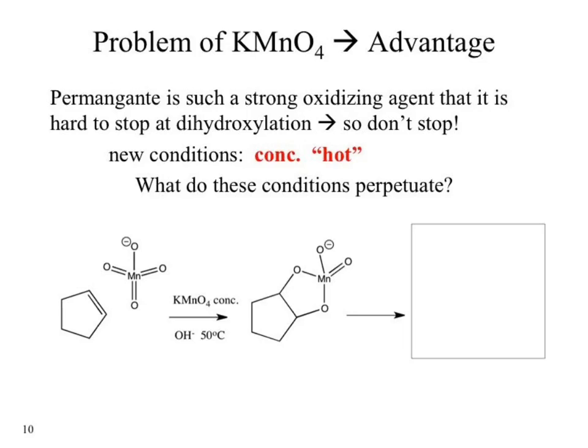We need to somehow break that permanganate off. So permanganate will take some electrons. We're facilitating the breaking of that bond. But now what happens? Permanganate has, or the manganate has, too many electrons. So what do we have to do? Give some electrons back. Where do we have electrons that it can ditch? We could go to the double bond, but that doesn't facilitate the rest of our reaction. Those electrons can come back down. What happens to that carbon now?